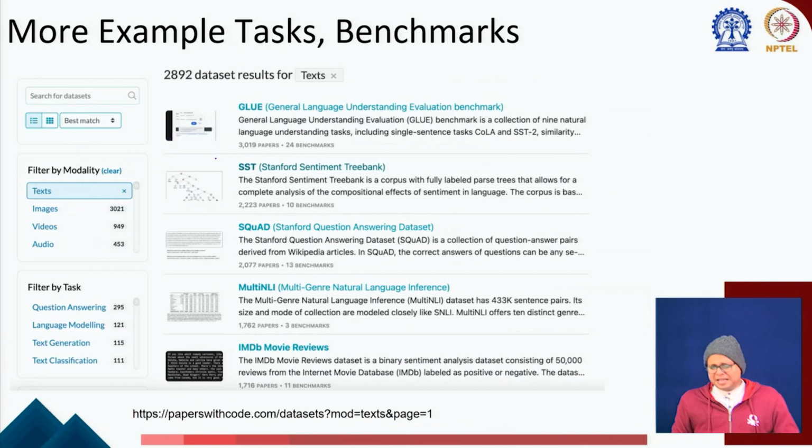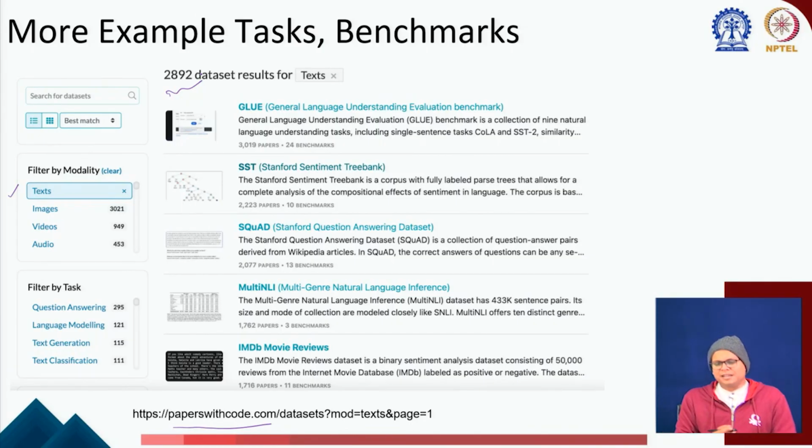There are lots and lots of data set benchmarks in NLP, and I would recommend you go through this free resource. You can go to the Papers with Code website, click on this text data set section, and as of today I am seeing 2,892 data sets about text.